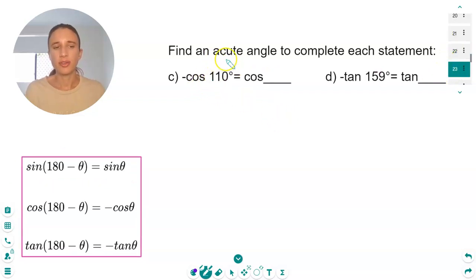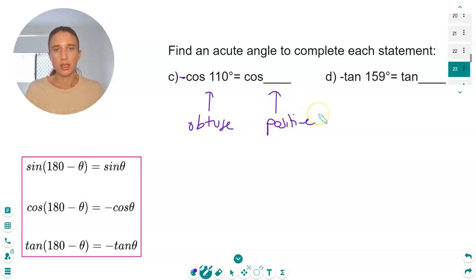Negative, so now it's asking to find an acute angle to complete each statement. An acute angle, again, we're just subtracting from 180 and making sure that these signs are different. The obtuse angle will have a negative sign, the acute angle will have a positive sign. So cos will be 180 take 110, 70. All angles in the first quadrant are positive.